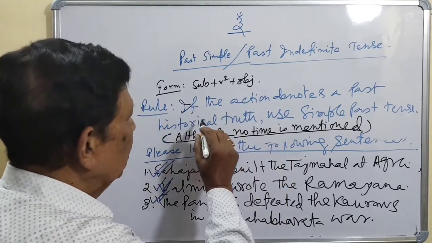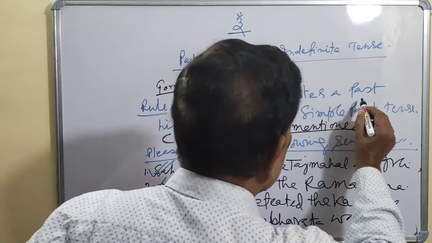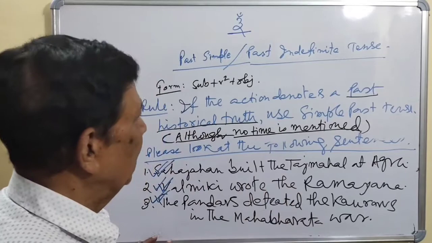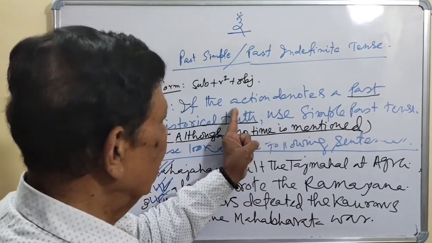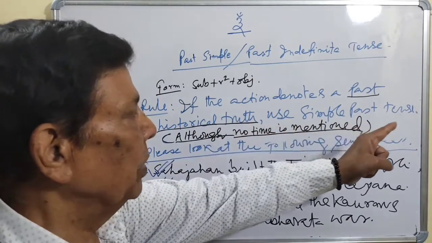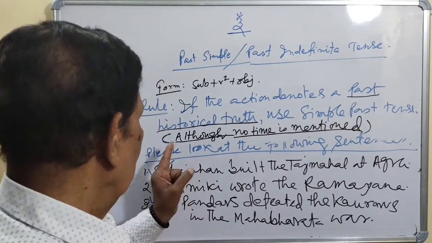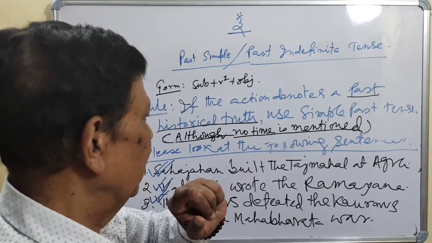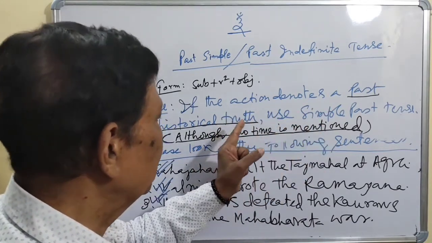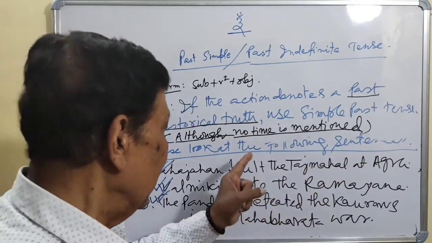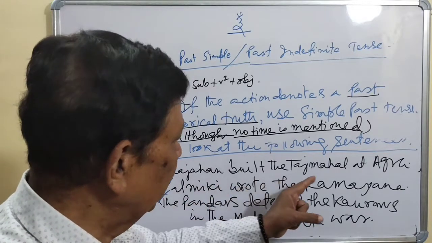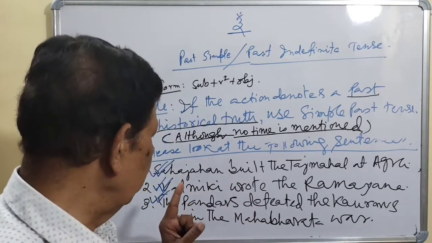I have given you the rule: if the action denotes a past historical truth, use simple past tense, although no time is mentioned. And see, all these sentences denote a past historical truth. Shah Jahan built the Taj Mahal at Agra, past historical truth.